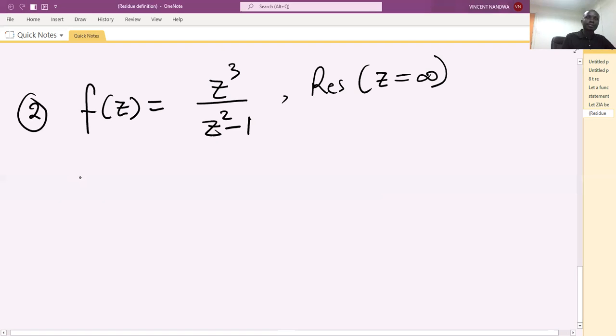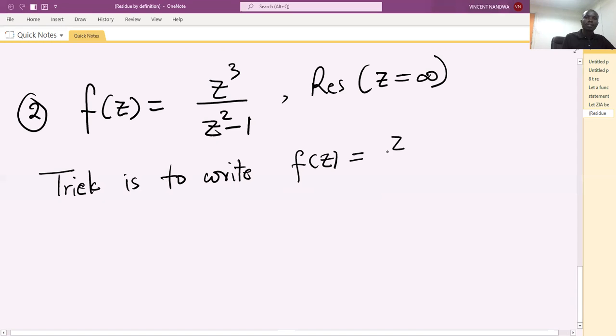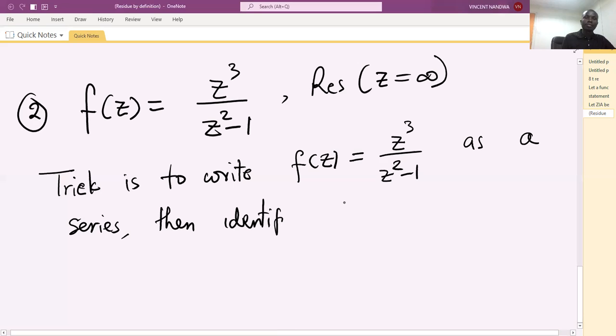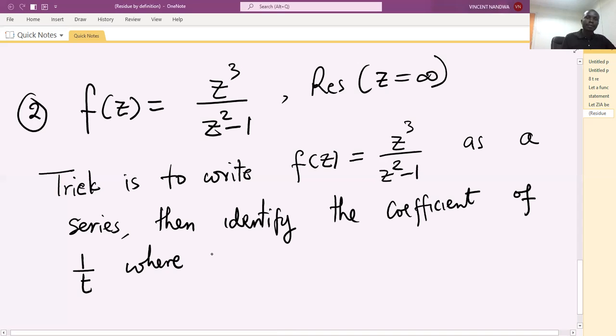So the trick is to write f(z) = z³/(z² − 1) as a series, then identify the coefficient of 1/t, where t can be defined by z − a, where a is infinity.